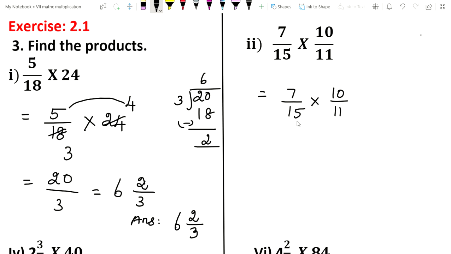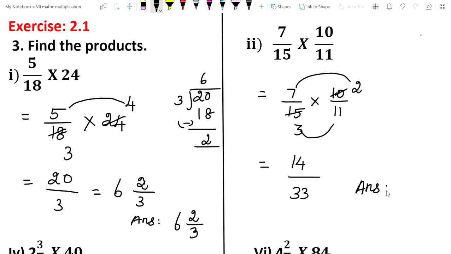But 10 and 15, we have the common factor 5. So divide by 5. 15 divided by 5, you get 3. 10 divided by 5, you get 2. Now you multiply the numerators and multiply the denominators. 7 2s are 14, divided by 3 11s are 33. So we can't divide this number, so you write as it is.